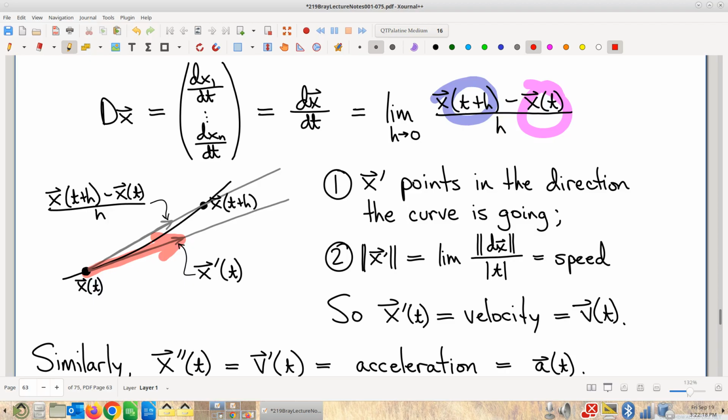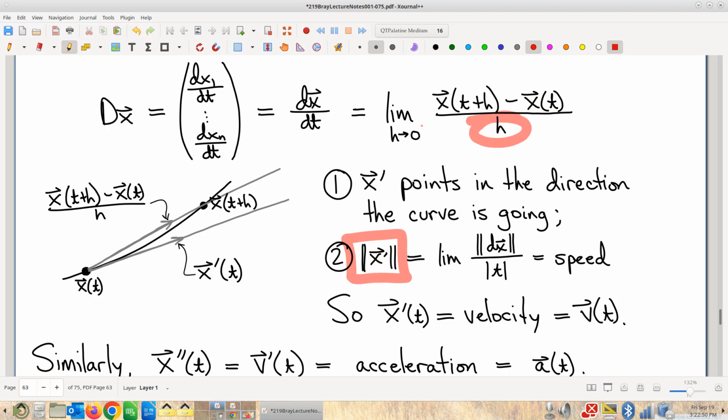And keep in mind, for a parametric curve, we have position as a function of time. There is a thing moving around on that parametric curve, and this is literally pointing in the direction that it's going. The other thing you can notice is that in terms of magnitude, the magnitude of the numerator of this single variable derivative is distance, and the magnitude of the denominator is elapsed time between those 2 points.